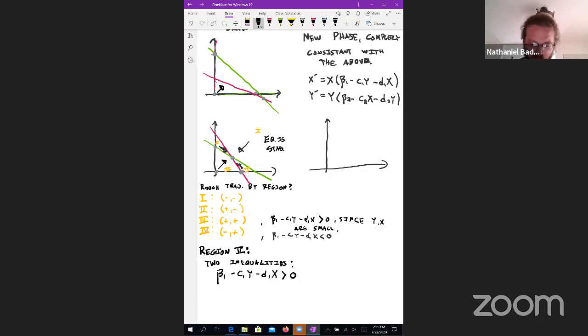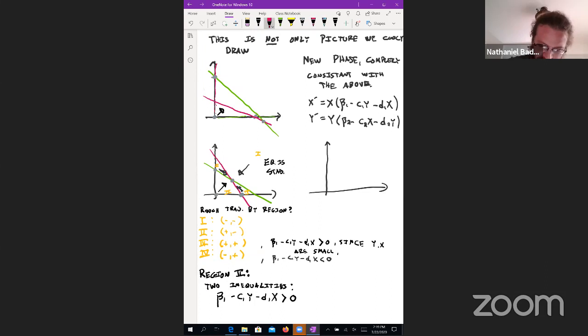And if you want to see this, we can figure it out a little bit. So in region 2, in particular, we're below, maybe I'll actually label these here. Just to remind us, this is the beta 1 minus c1y minus d1x equals 0 null line. And this is the beta 2 minus c2x minus d2y equals 0 null line, right?